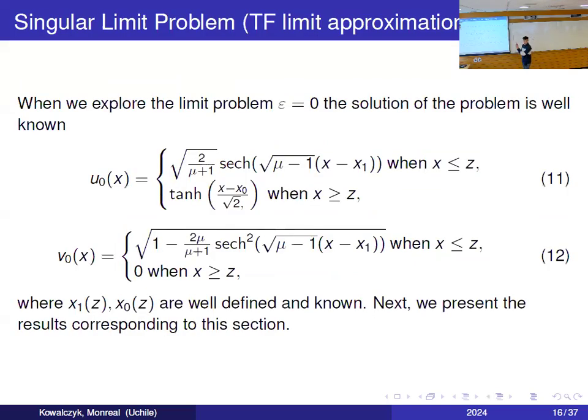These are the solutions that we have when we assume epsilon to be 0. We just solve the equation. One is a second order differential equation with boundaries at infinity. We can solve it. And the other one comes from the algebraic equation that comes with the epsilon equals 0 case. So what can we say about these solutions? The first one is a Lipschitz function. We can prove it.